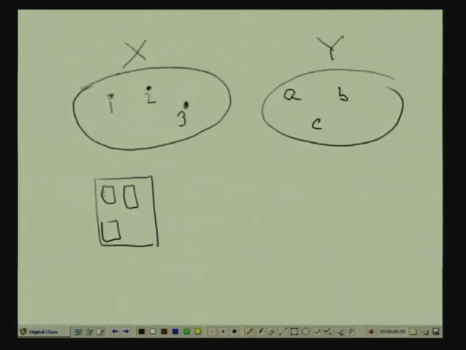Now, if there be a direct association that if 1 is pressed, then A will be displayed, when 2 is pressed, B will be displayed, then there is a direct causal relationship between these two and they are not independent.